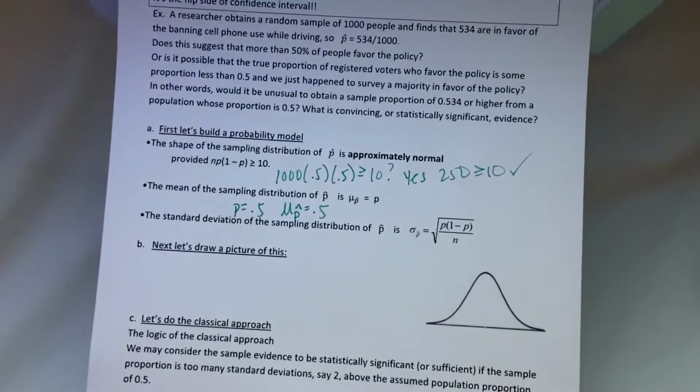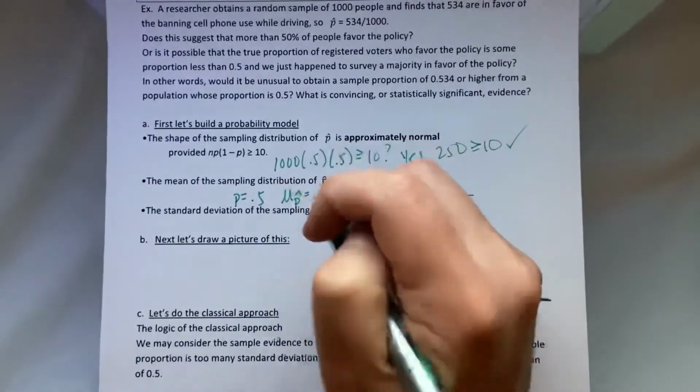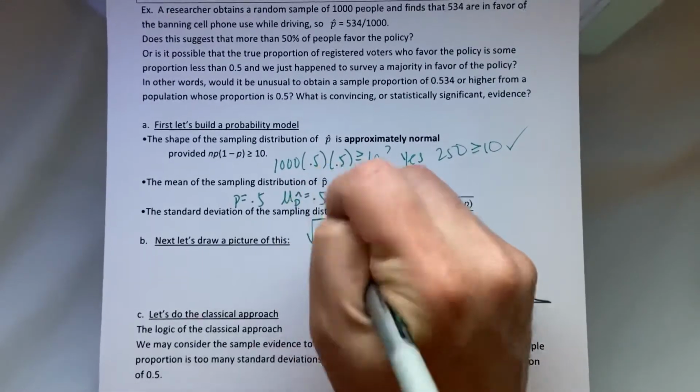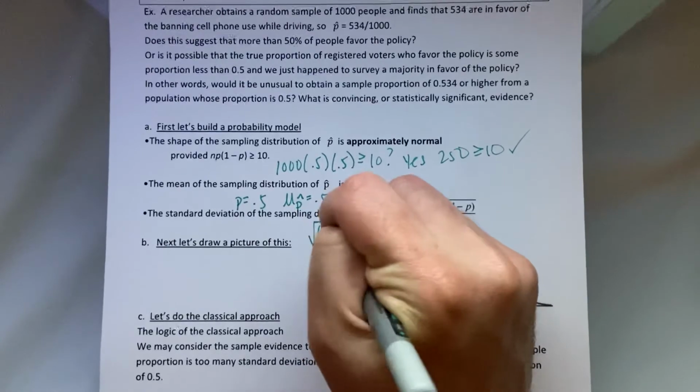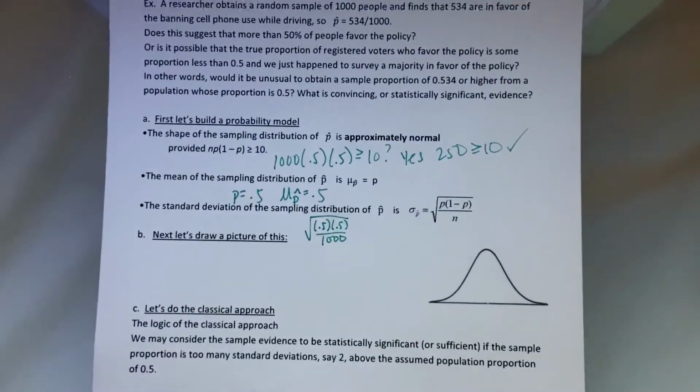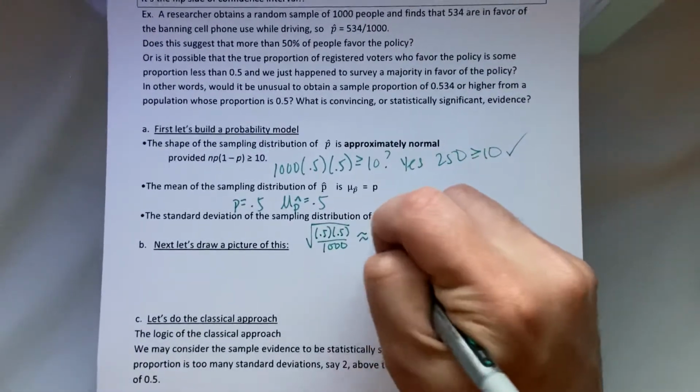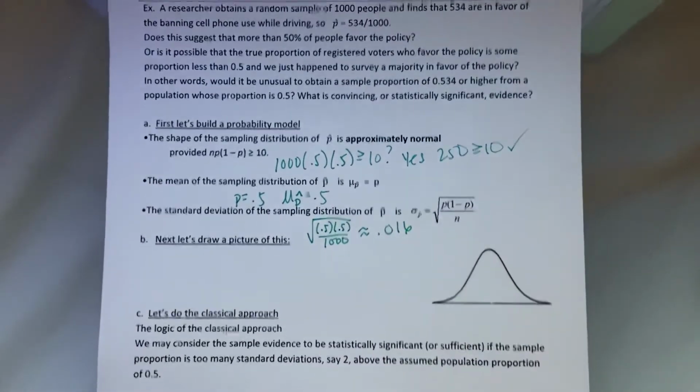Now, the standard deviation of the sampling distribution is the square root of p times 1 minus p over n. So let's take the square root of 0.5 times 0.5 over 1,000 and put it in the calculator. Looks like we get approximately 0.016. Let's draw a picture.